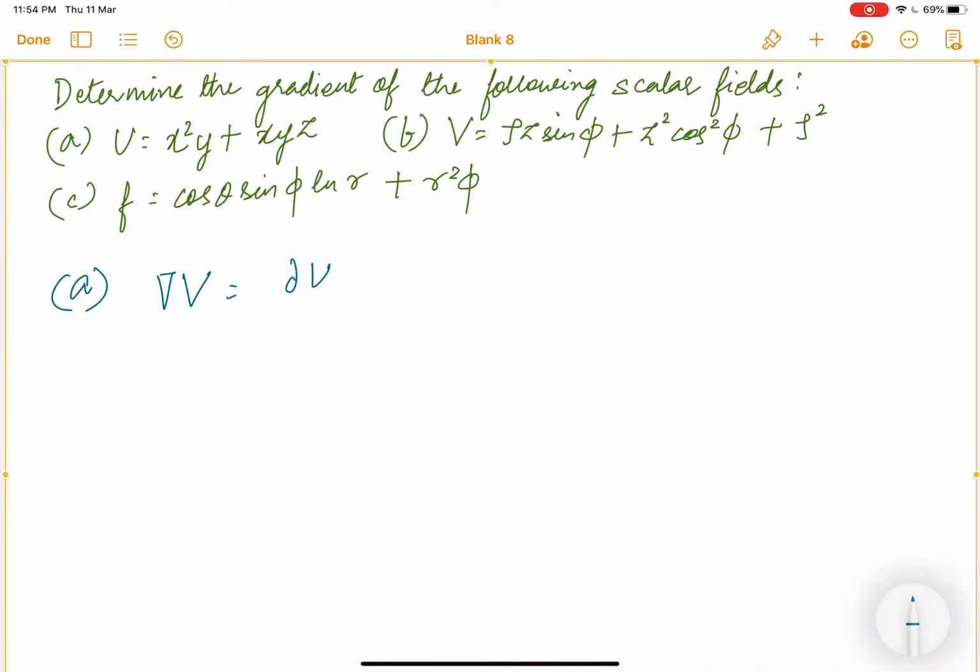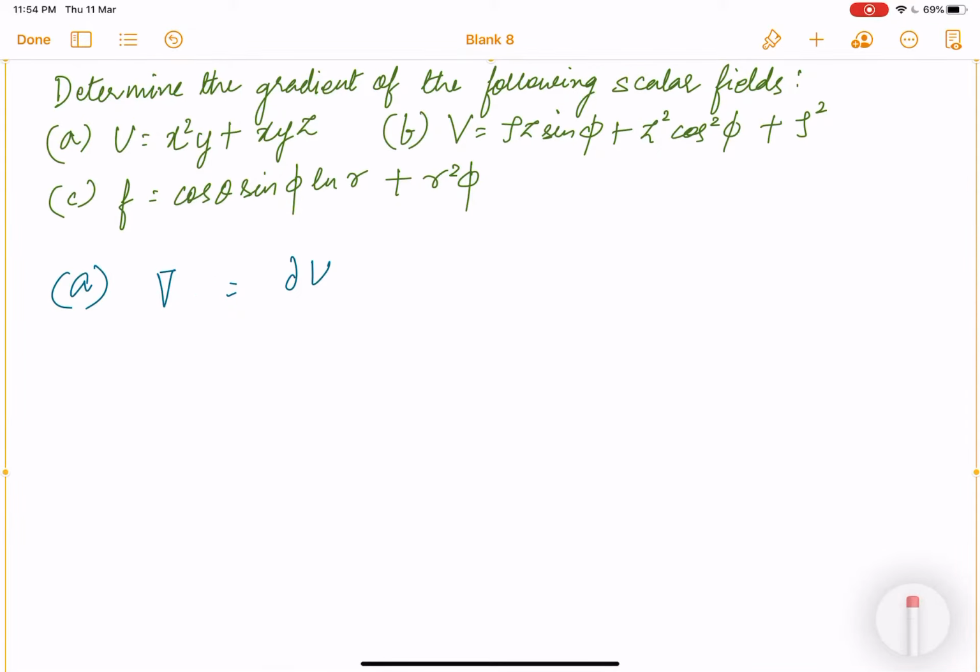Gradients are all defined for scalar quantities. You take out the gradient of scalar quantities. So for Cartesian coordinates, this is what you'll do. Del of u is equal to ∂u/∂x a_x cap plus ∂u/∂y a_y cap plus ∂u/∂z a_z cap.